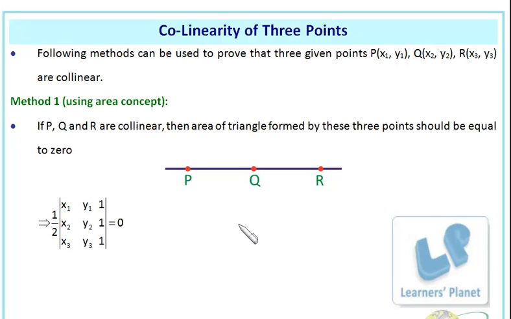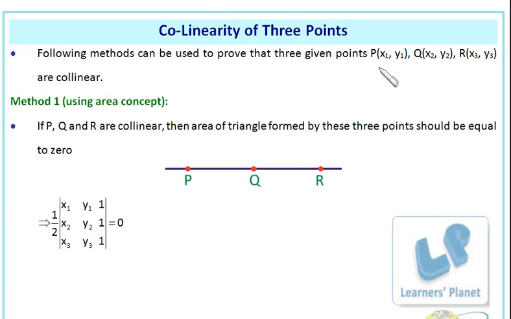important concept over here is the co-linearity of 3 points, right? Now 3 points co-linearity, that means suppose we have the 3 points over here, P, Q and R, right? Now how do we say that the 3 points are collinear? Okay, now so there are various methods to find out whether the 3 given points are collinear or not, right?